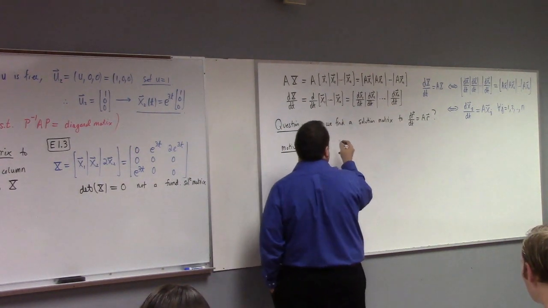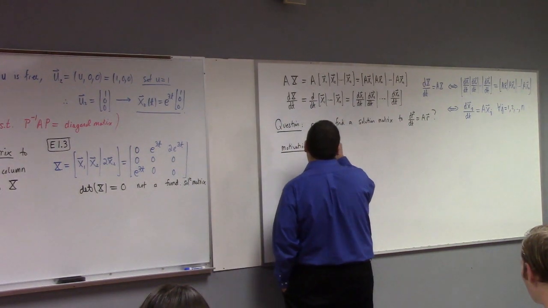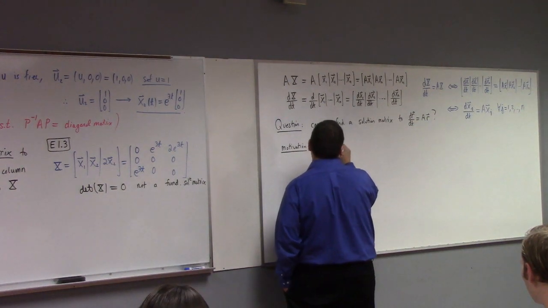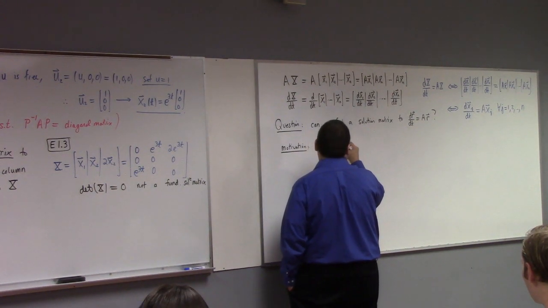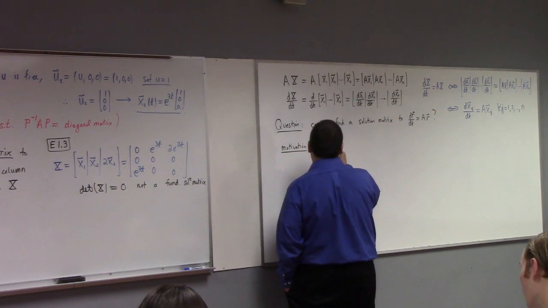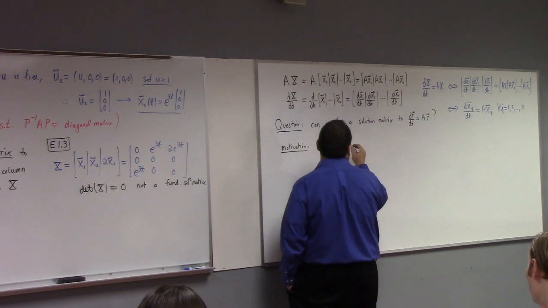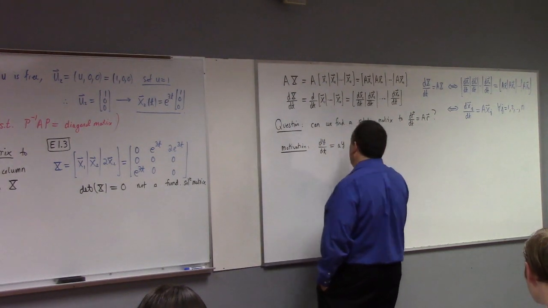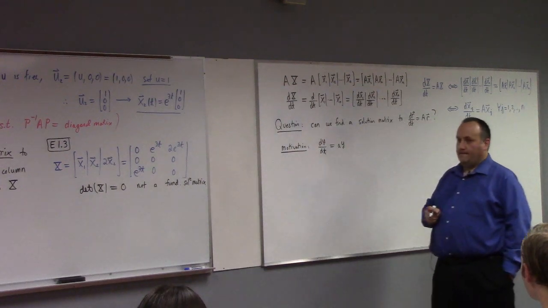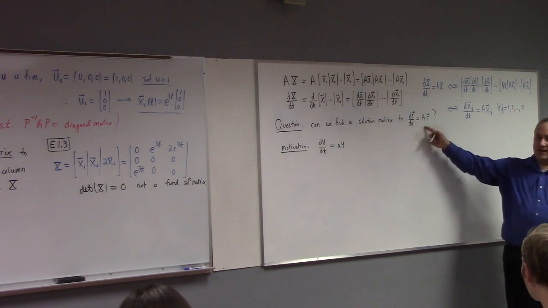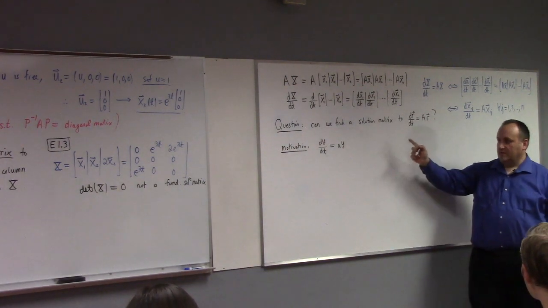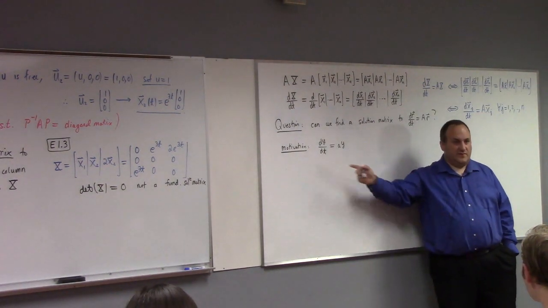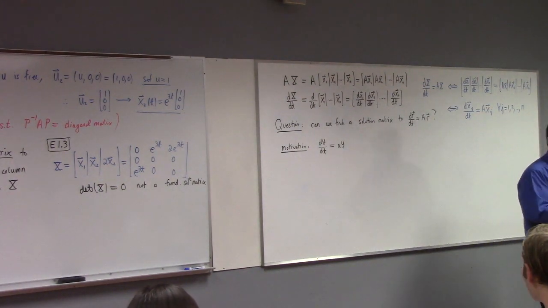What if you were asked to solve dy/dt equals a times y? This is the n-dimensional version, and this is the one-dimensional version. Can you solve the one-dimensional version? What's the solution?